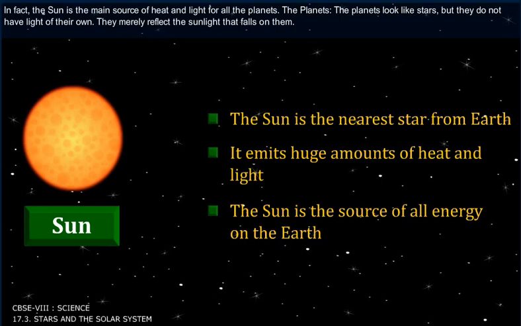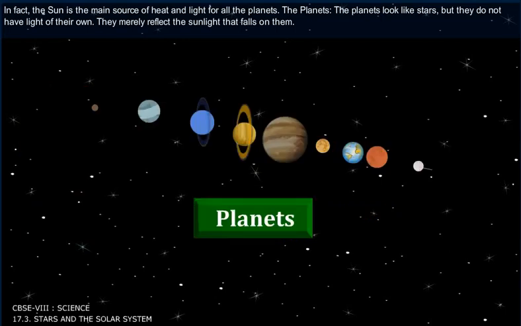The planets. The planets look like stars, but they do not have light of their own. They merely reflect the sunlight that falls on them.